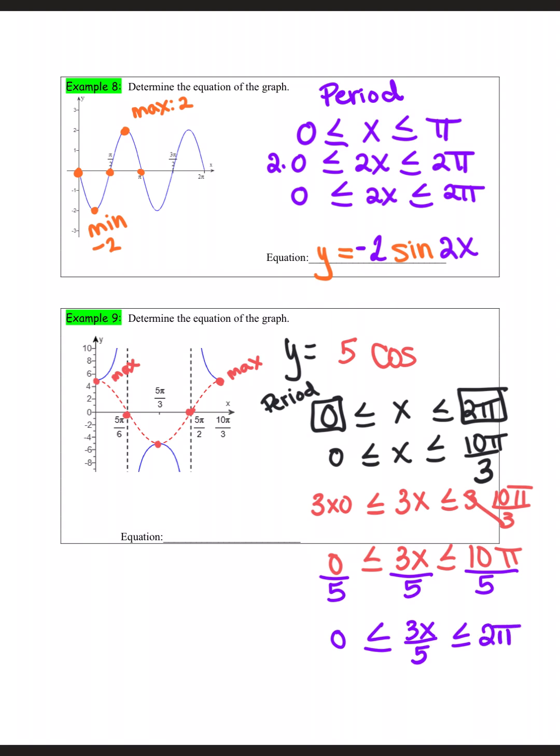So now we know that 3x over 5 is my argument, or I can say 3/5 x. Cosine is reciprocal to the secant function, so the blue is actually y equals 5 secant of 3/5 x. Notice that wherever the x-intercept was, that's where the asymptotes were, and then we use the 3 other points to make nice curves.